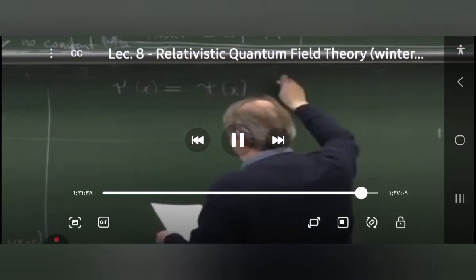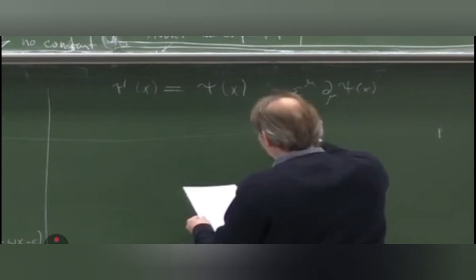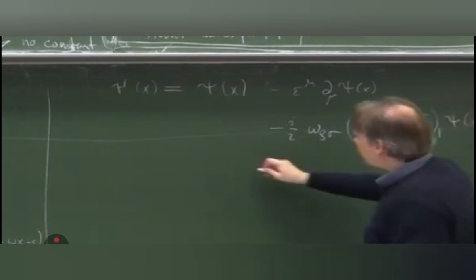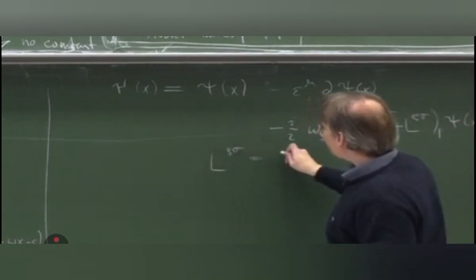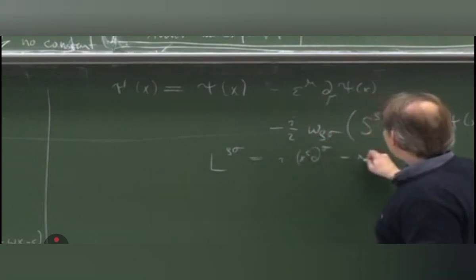So we can say that psi prime at x is given by psi at x minus epsilon mu d mu psi at x, and then minus I/2 omega rho sigma, and then we have this combination S rho sigma plus L rho sigma acting on psi at x, where L rho sigma corresponds to angular momentum and is x rho d sigma minus x sigma d rho.